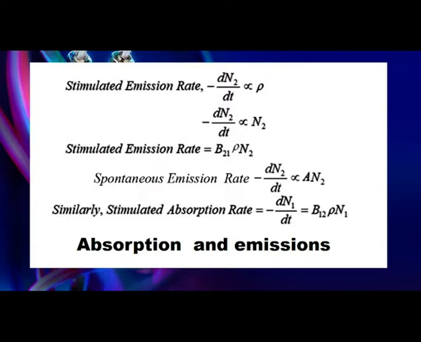Now, this is equal to B12, not B21, B12 rho N1. Here again, rho represents the energy density of the radiation field, or in fact simply the number of photons which are inducing this effect. Then N1 represents the population in energy level N1.